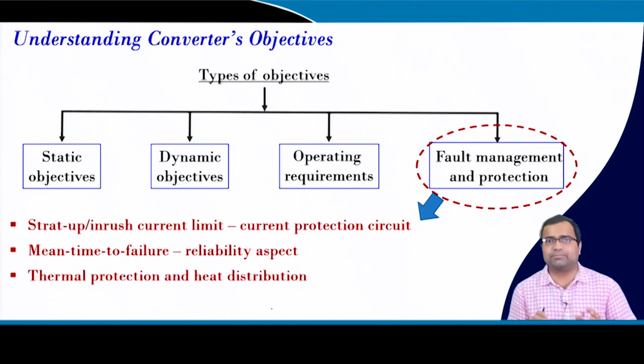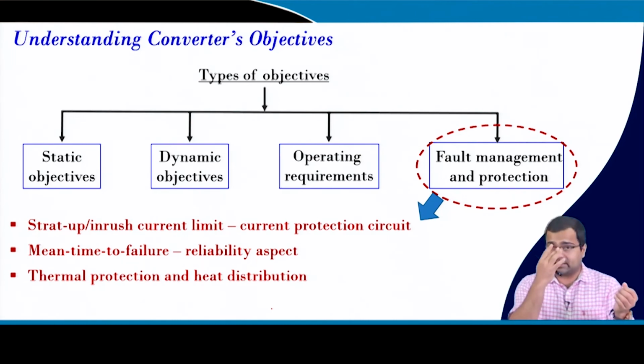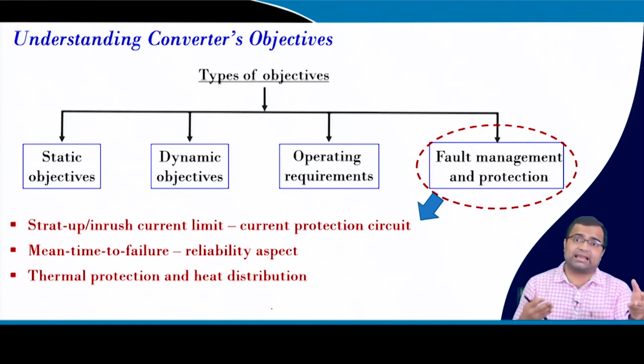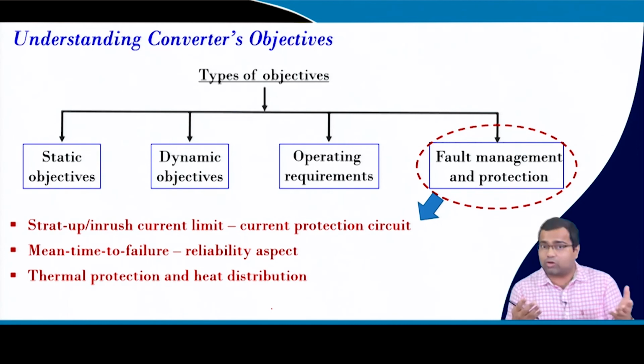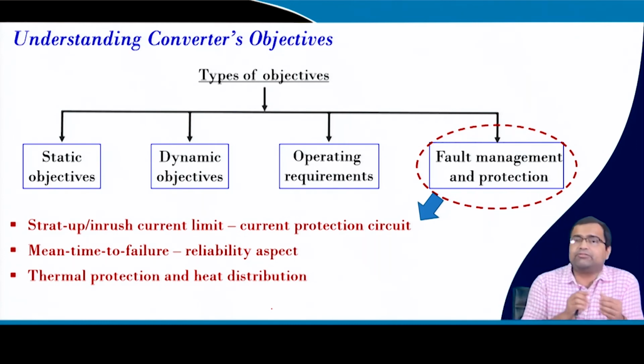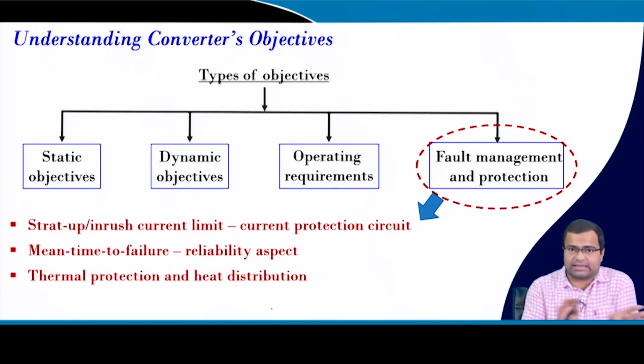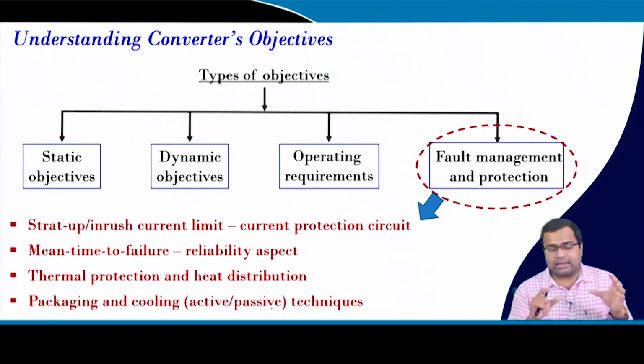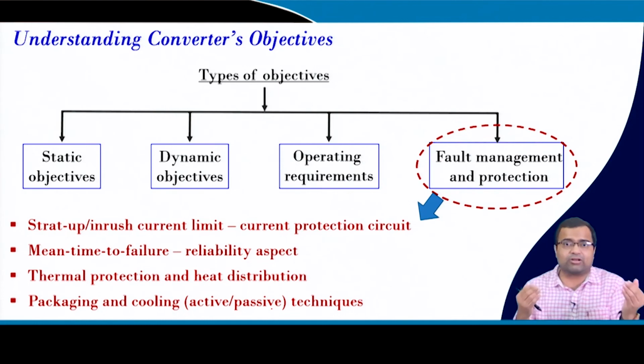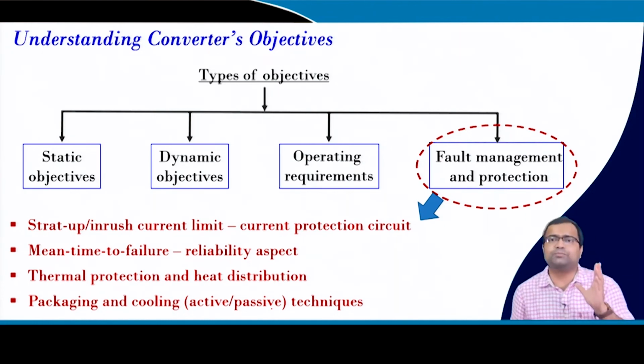Then thermal protection: if too much current is carried and your impedance has more resistive effect, it can get heated up, and if you have more conduction loss or switching loss, then you need proper thermal management and heat distribution. Particularly in the present age, where we are going more towards GaN and silicon carbide, packaging and cooling is a very important requirement which should be part of this.